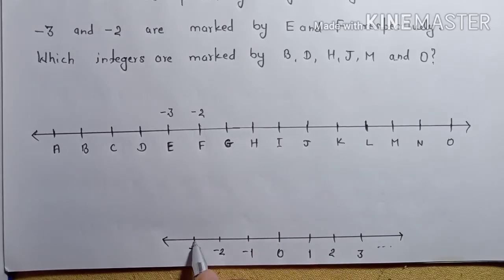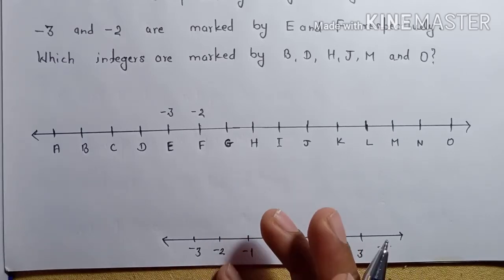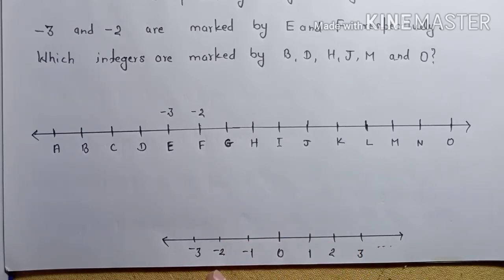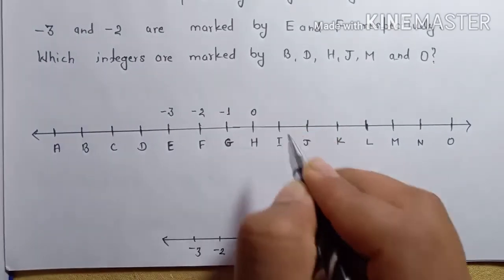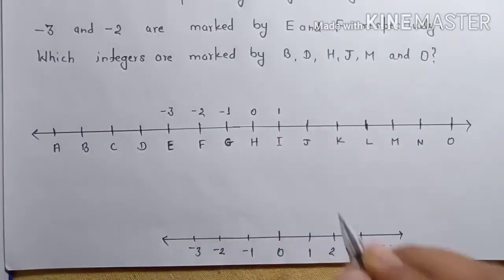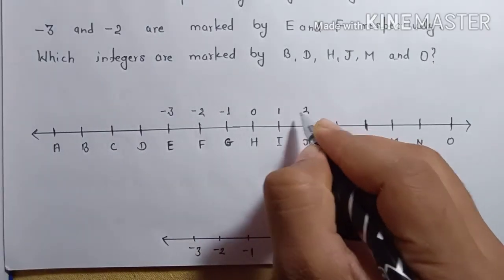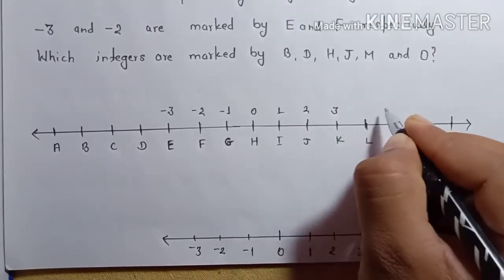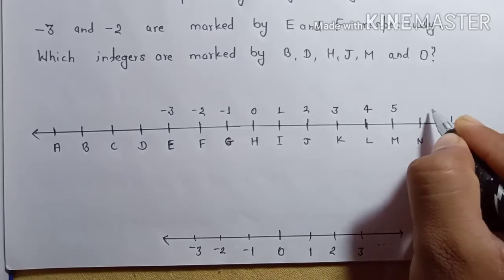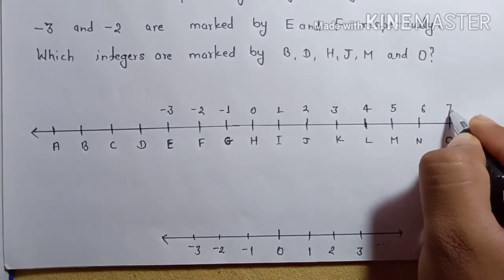You can see that this is -3, in right of -3 there is -2, in the right of -2 there is -1. So G is -1. And what next? That is 0. What next? That is +1. What next? That is +2. So complete this chart here. 2, then 3, then 4, then 5, then 6, 7 and so on.